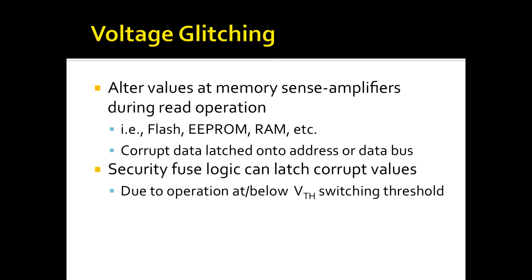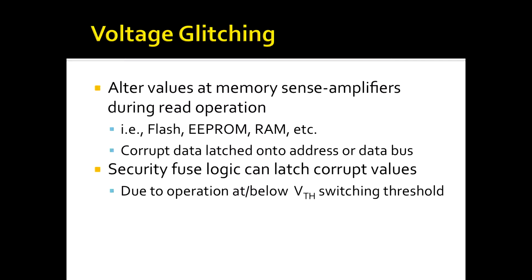So what it's doing is it's also altering the values at the memory sense amplifiers for flash, EEPROM, RAM, etc. And so this has the effect of corrupting data latched onto the address or data bus. So you can actually have the program swing off wildly to an invalid location because you latch a bad value onto the address bus. Most cases it'll crash the chip, but in some cases it might jump you into an area that the program was never supposed to reach.